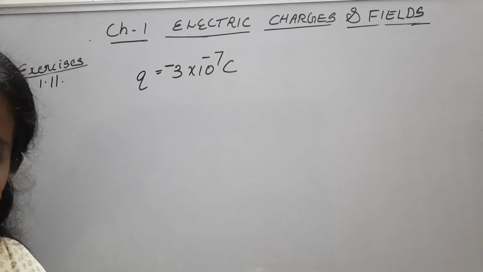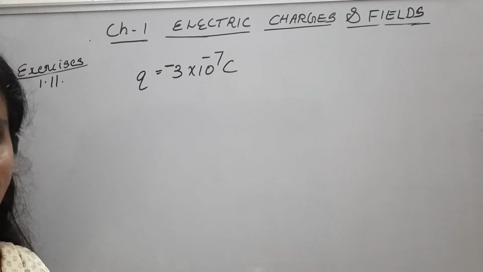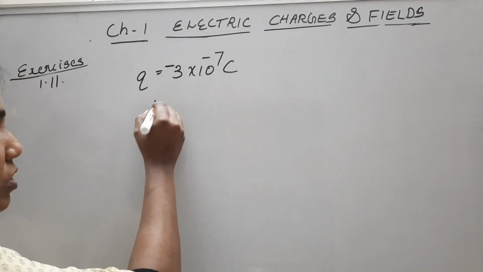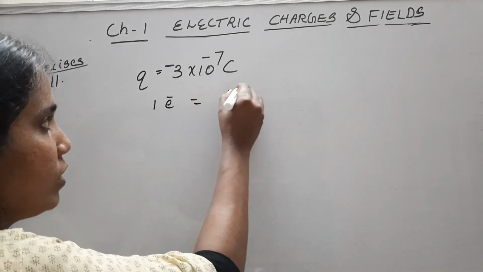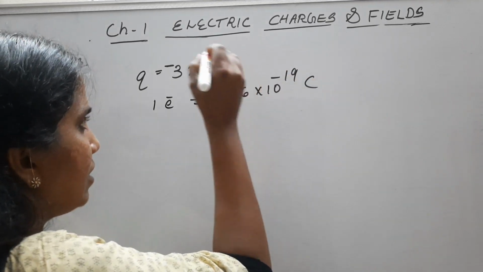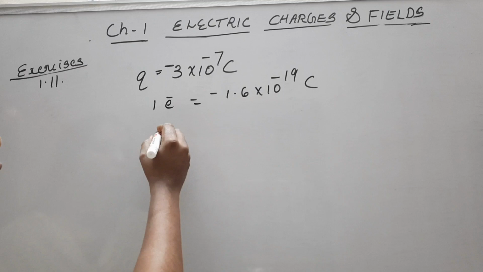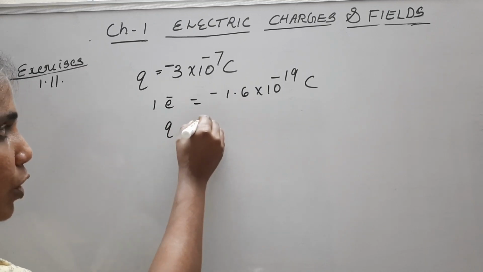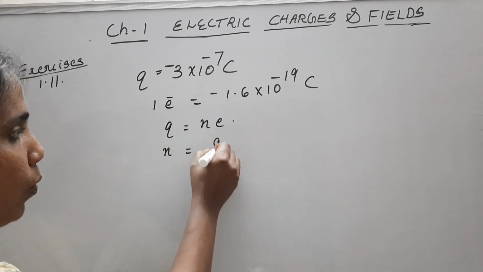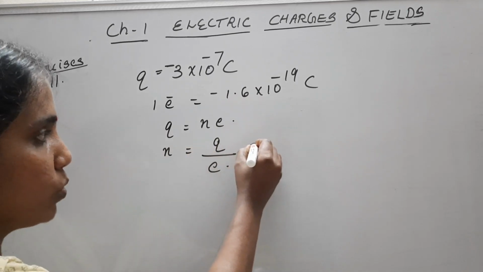So first of all we have to estimate the number of electrons transferred. So we know 1 electron's charge is 1.6 into 10 raised to minus 19 coulomb, and that charge is negative. So what will be our equation? It is Q equal to Ne, or N is equal to Q by e. This is what we have to use.